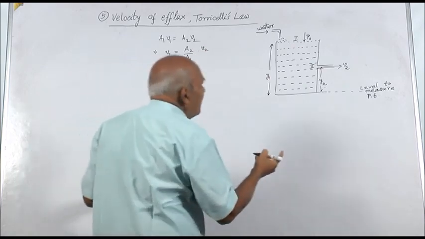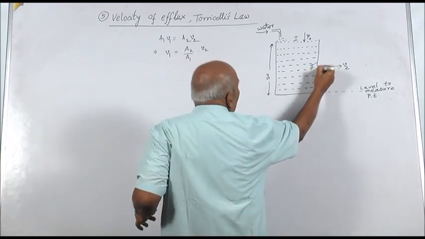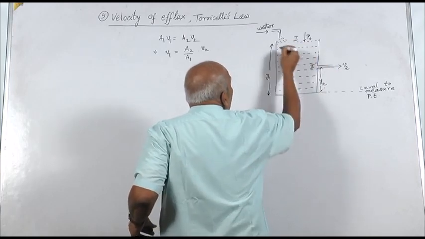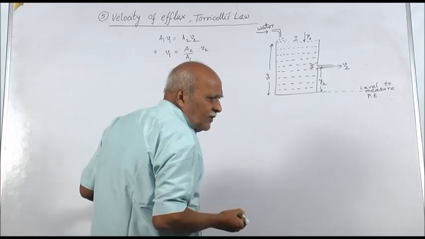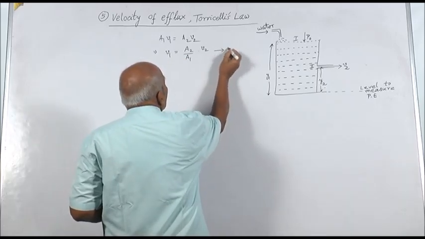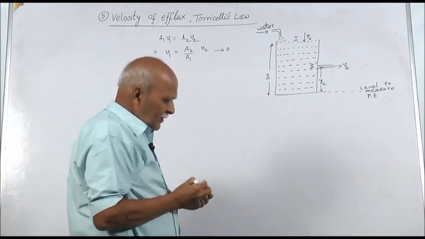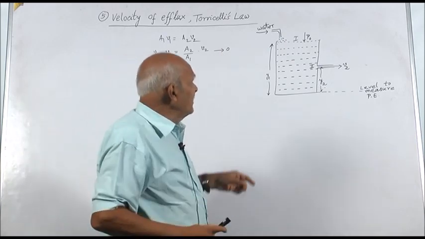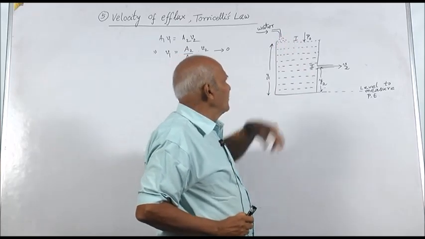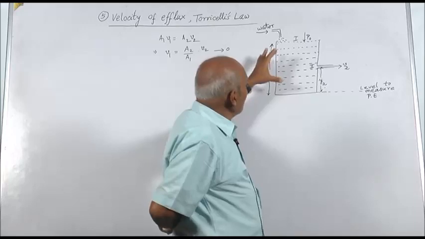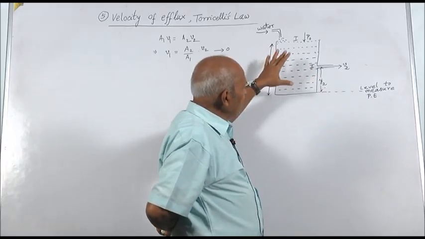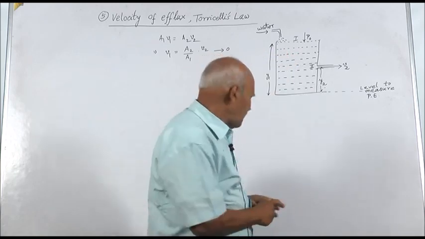You see from the diagram that this area of cross section A2 is quite small compared to the area of cross section at position 1. So, therefore, this tends to 0. That means the velocity at the top of the container is 0, and now we can apply the second form of Bernoulli's theorem.